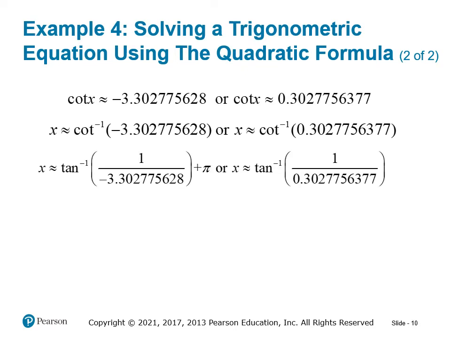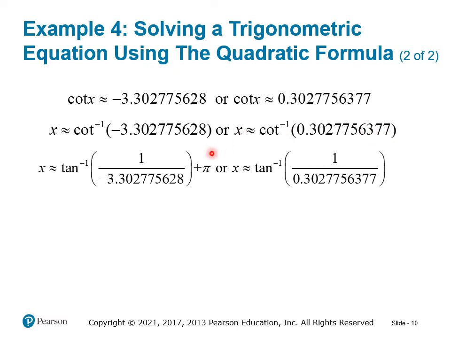Remember that in order to do that, we have to take the inverse tangent of the reciprocal of the cotangent value. So we get the inverse tangent of 1 over negative 3.302775, or the arc tangent of 1 over this number.